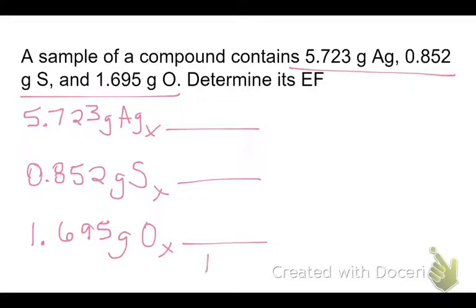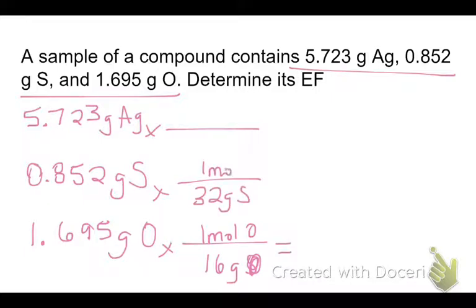Oxygen at the bottom is 16 grams of oxygen for every 1 mole of oxygen. Sulfur on the periodic table, I'm going to go ahead and round that to 32. And silver on the periodic table is 107.87, let's say, for every 1 mole of silver.